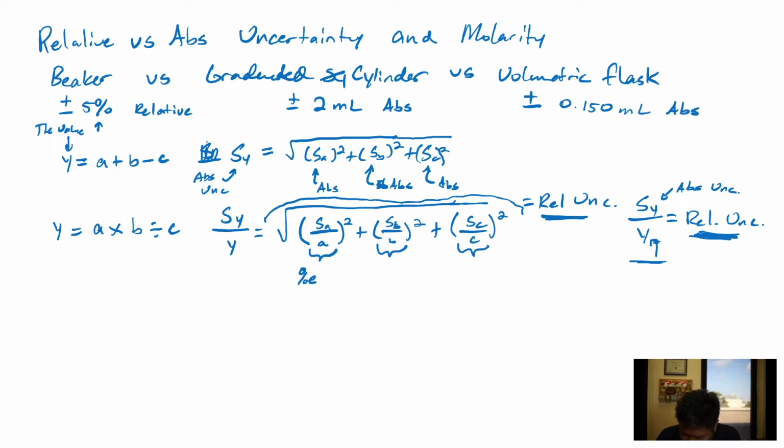So this is the percent %E of A, the relative uncertainty of A. And this is the relative uncertainty of B, and this is the relative uncertainty of C. So essentially, to do uncertainty propagation on a mathematical operation that involves a division or a multiplication, you have to take the square root of the relative uncertainties squared, plus the next one and the next one and the next one.